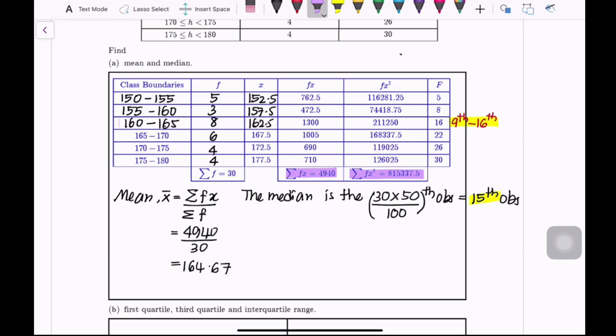So we highlight the class of the median.